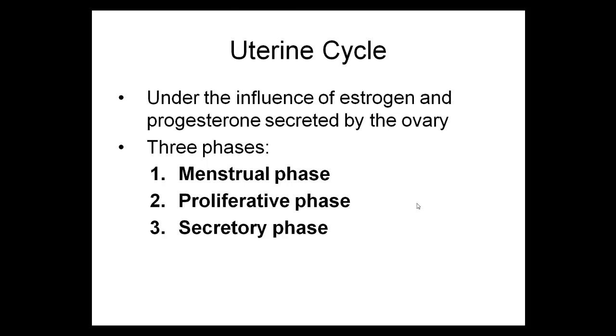Then when ovulation takes place, the uterus will be under the effect of both estrogen and progesterone, and the progesterone will cause glandular changes, so it will cause more glycogen-secreting glands and more blood vessel formation.